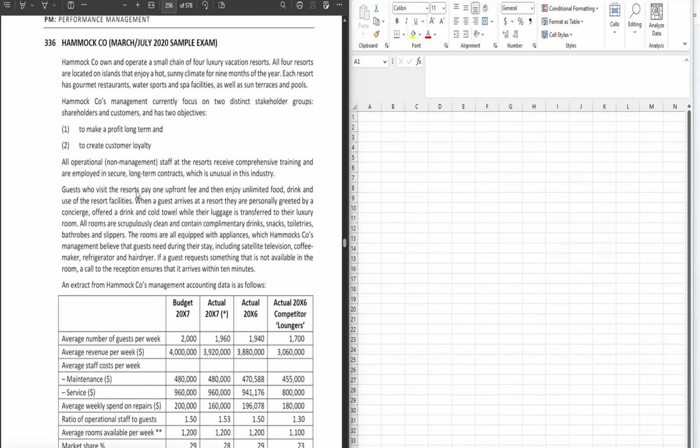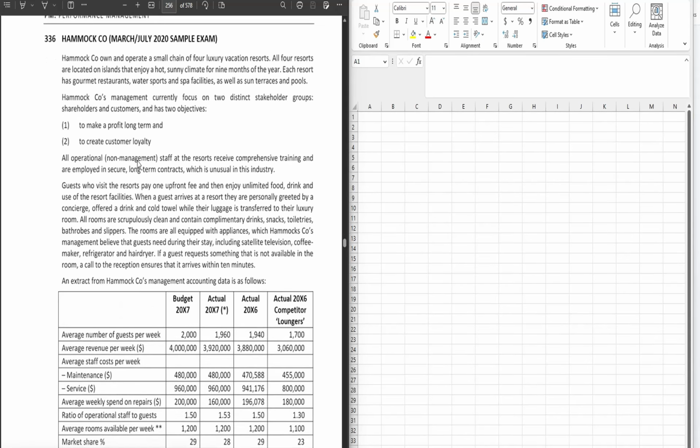All operational non-management staff at the resorts receive comprehensive training and are employed on secure long-term contracts, which is unusual in this industry. That's very true. Guests who visit the resort pay one upfront fee, then enjoy unlimited food, drink, and use of the resort facilities.